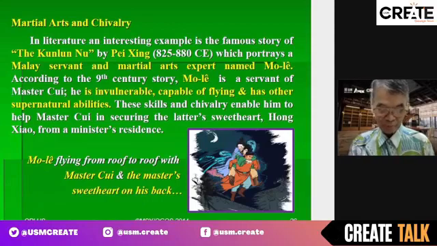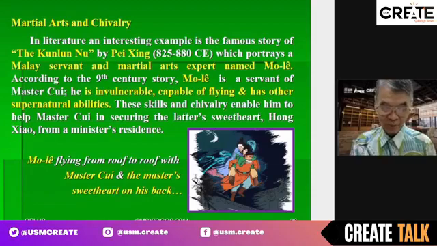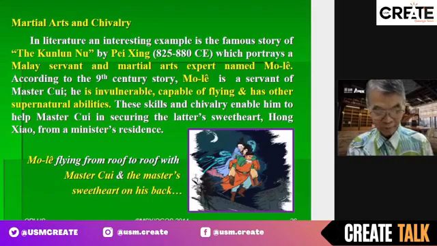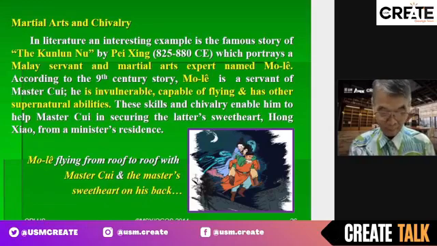So what Master Tui did was to get the help of Mole, and Mole used all his supernatural abilities in order to secure her. And they finally managed to secure the sweetheart.